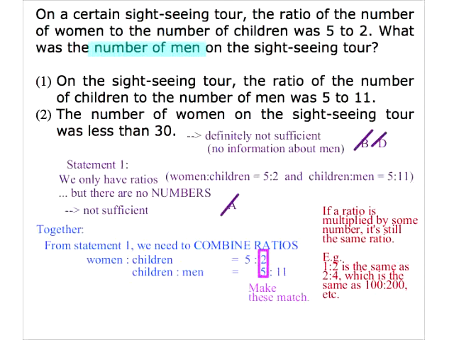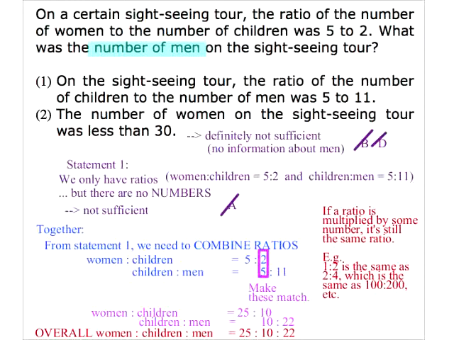If we multiply the first one by 5, that gives us 25 to 10. Then if we multiply the second one by 2, we'll also get another 10 for children. So children to men is going to be 10 to 22. Now this matches, and so your overall ratio, women to children to men, is 25 to 10 to 22.